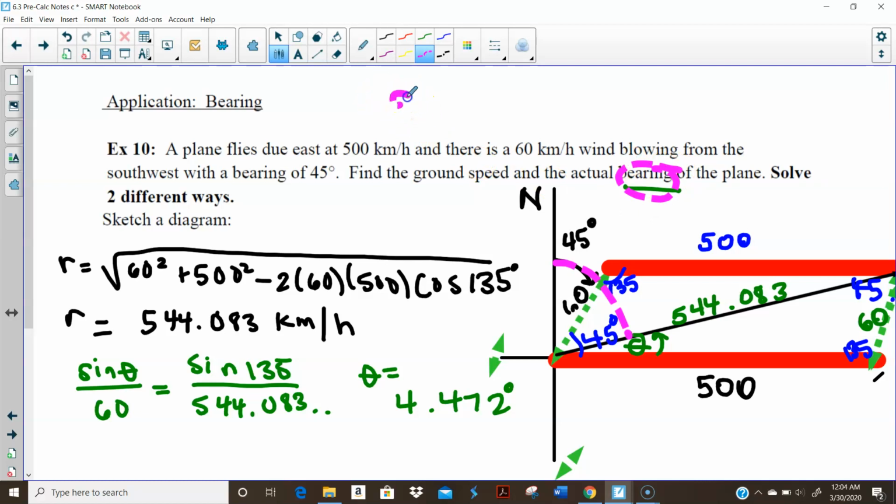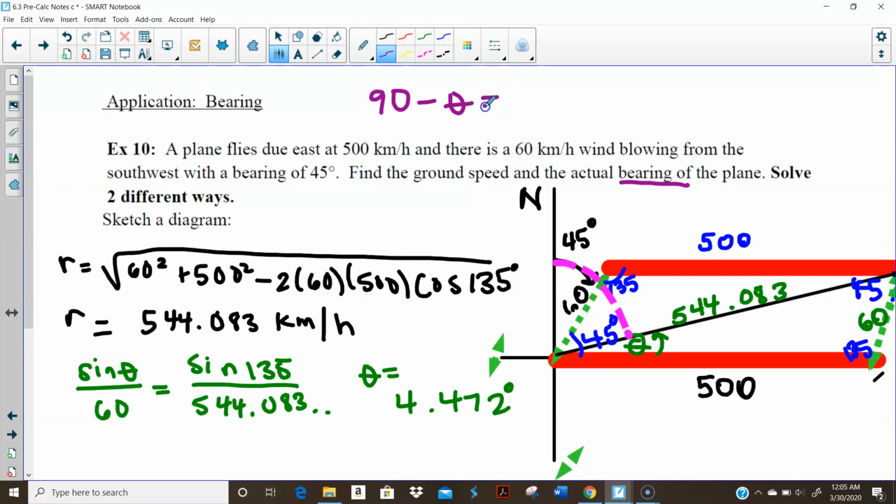So in order to find the bearing, you're going to take 90 degrees and subtract theta. And you know theta is 4.472 degrees. And that's going to give us this bearing right here.